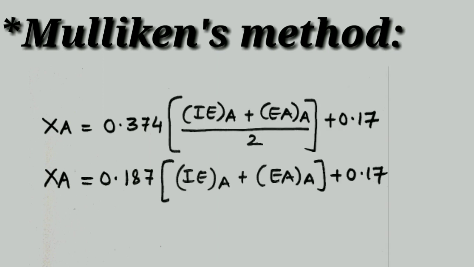Students, in this case, 0.374 when divided by 2 gives you 0.187. So we can use either of the formulas. Now, Xa is the electronegativity of atom A, IE of A is the ionization energy of atom A, and EA of A is the electron affinity of atom A.